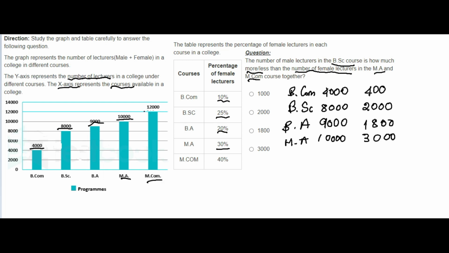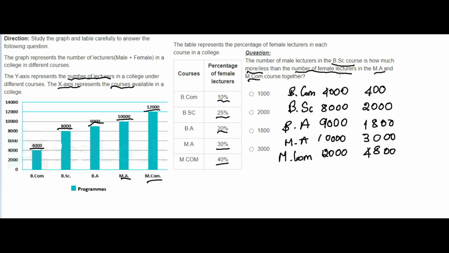How many total members are available? 12,000 lecturers are available. Among that, 40% are lady staff members. So 40% of 12,000 is 4,800.